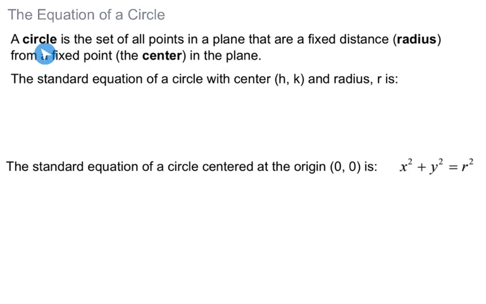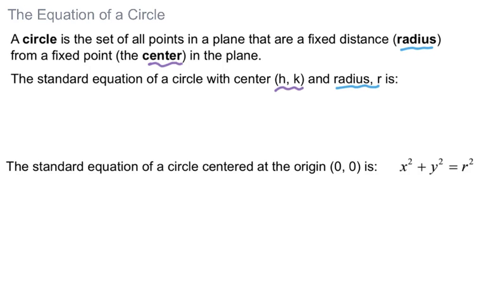A circle is the set of all points in a plane that are all equidistant, or a fixed distance, measuring the radius length, from a fixed point, the center, in the plane. So when we talk about this center and radius, we're going to use (h, k) for our center and r to represent the radius.